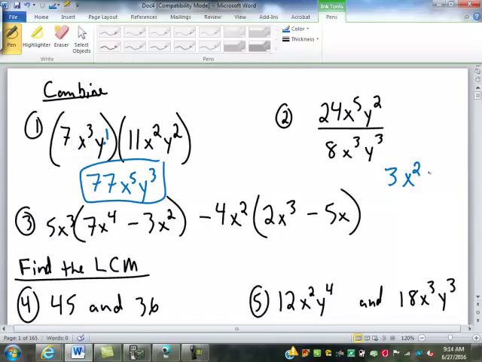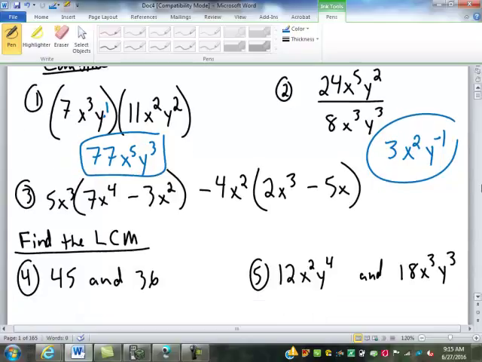And y to the 2 minus 3 is -1. For right now, we're going to leave that as y to the -1. In a little bit, we're going to come back and figure out what we can do to make that look a little bit neater without having a negative power there. Any questions so far on that one?